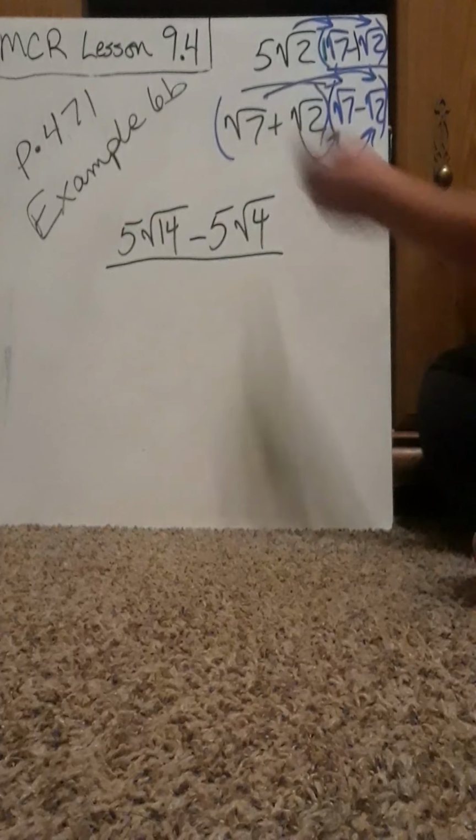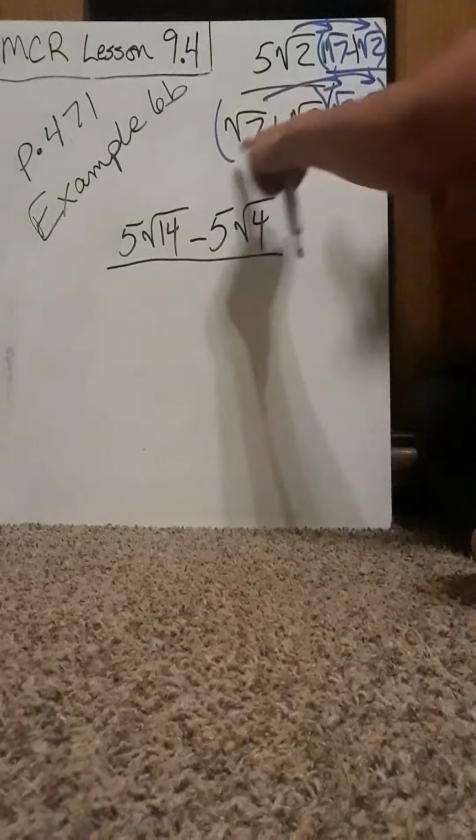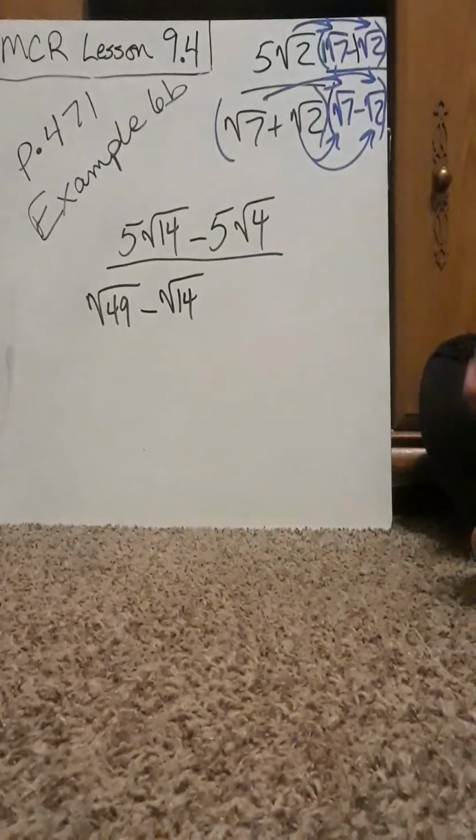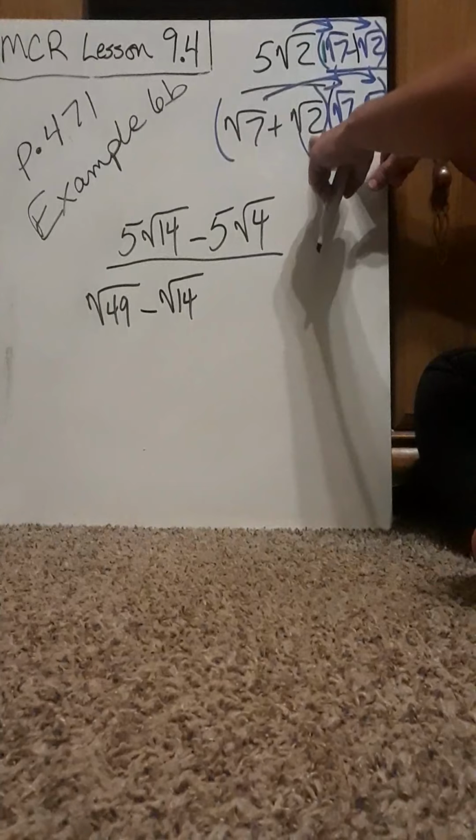Now let's FOIL out the bottom. So radical 7 times radical 7, that's first times first. That's going to be your radical 49. Multiply the numbers underneath. Now let's go to the outside. It's a positive times a negative, so I know it's going to be a minus. And radical 7 times radical 2 is radical 14. Multiplying the numbers. Now let's go to inside times inside.